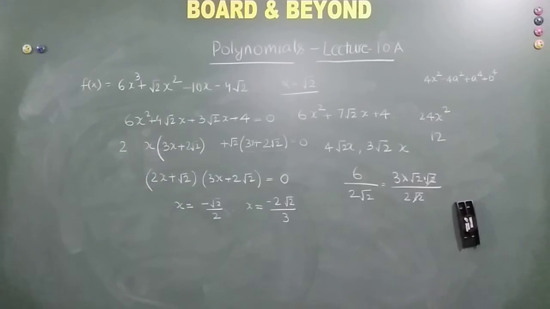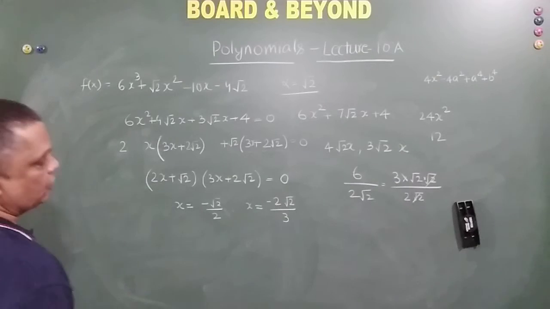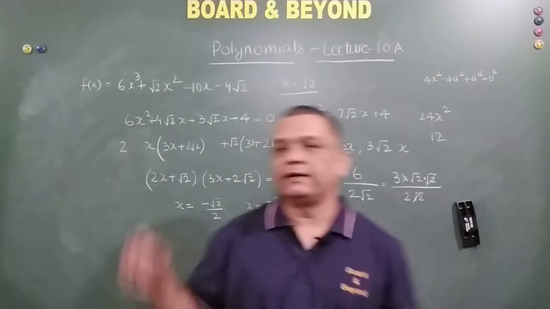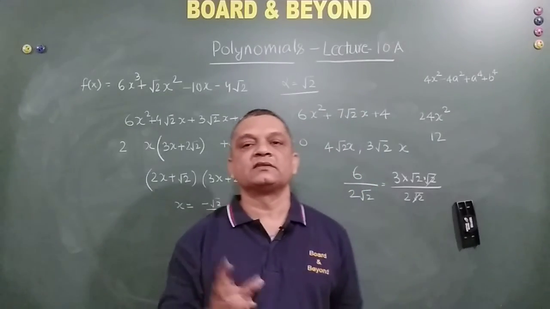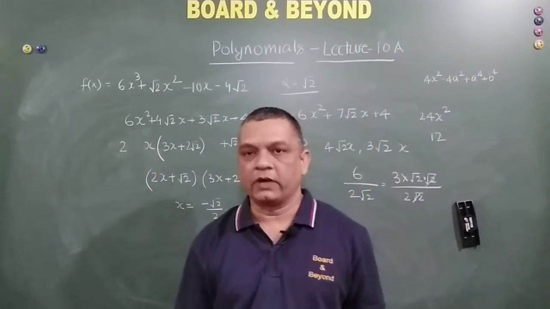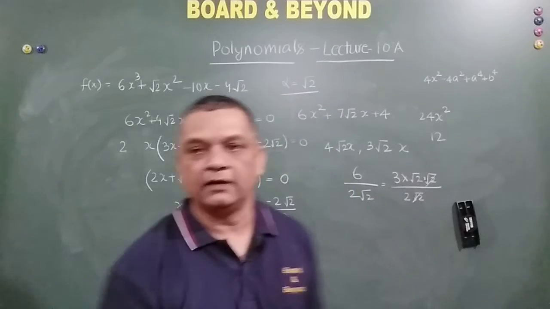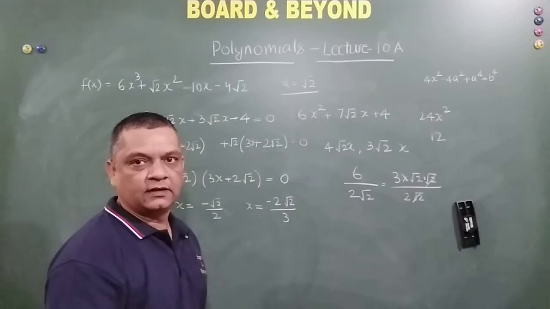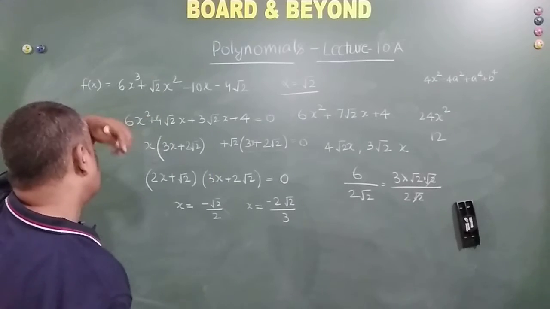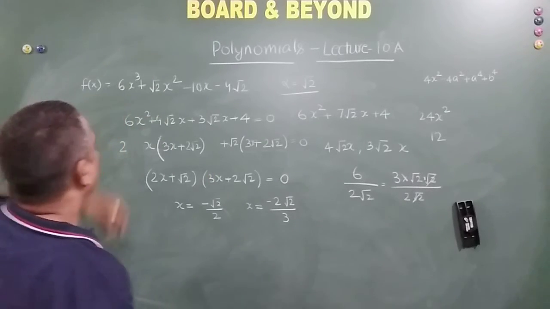So the question was to find the other two roots of the cubic polynomial. If you want to try, you can verify the relationship between the roots and coefficients for this cubic polynomial. Shall we do it? Okay, let's do that. No problem. Actually, it is not required.